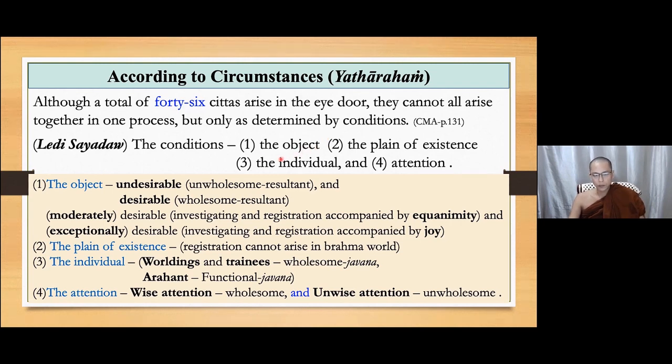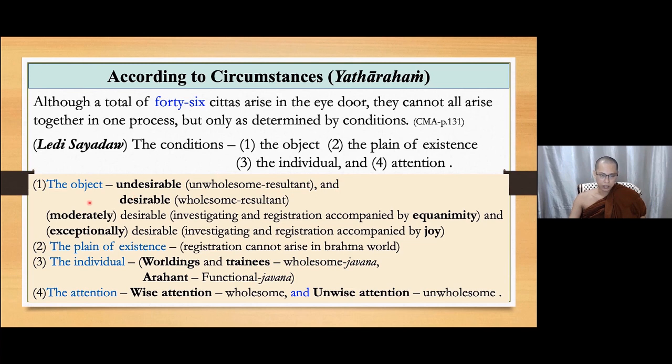So the 4 conditions to determine the consciousness are: object, plane or existence, individual, and attention. Okay, how do these 4 conditions make the determination for the consciousness?